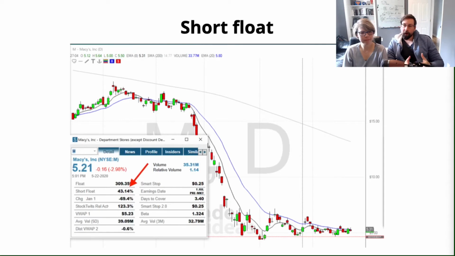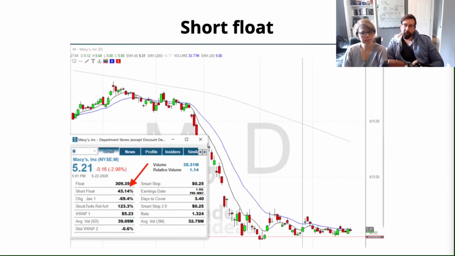So the broker has to then report 2 times a month. It's bi-weekly. The brokers all have to get together and report how many shares have been lent out, right? So a short float of 43% means that essentially about 120 to 150 million shares are out there short. They've lent them out to people.